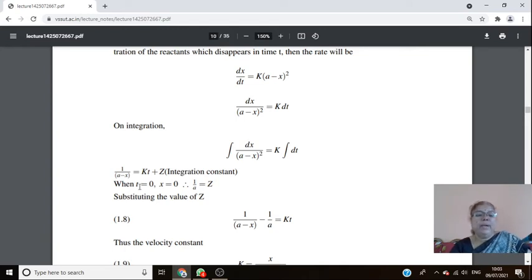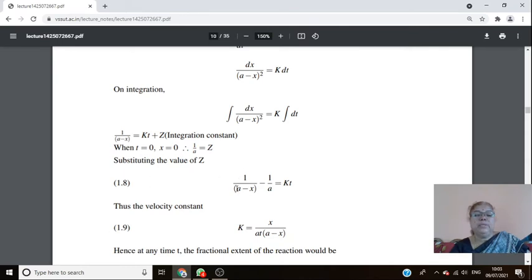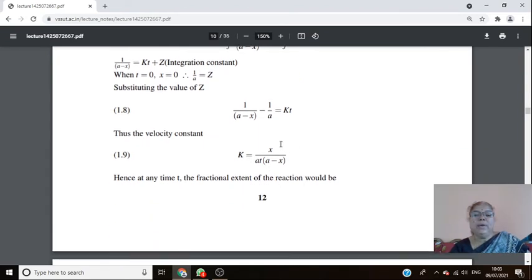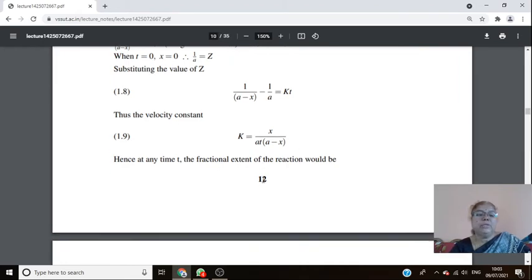When t is equal to 0, x is equal to 0, the integration constant becomes 1 by A, and substituting these values we get 1 upon A minus X minus 1 upon A is equal to Kt, or K is equal to X upon At(A minus X). This is the kinetic equation of the second order reaction.